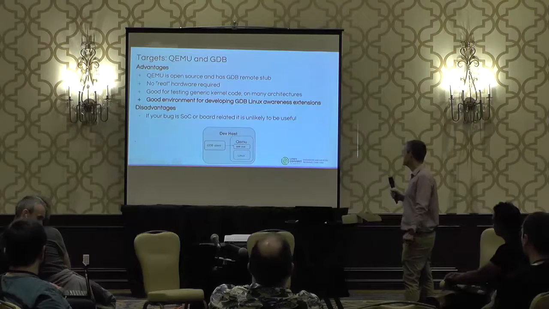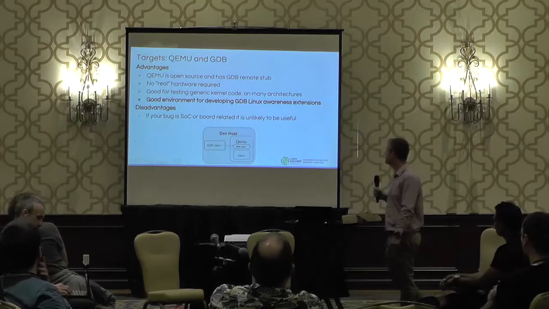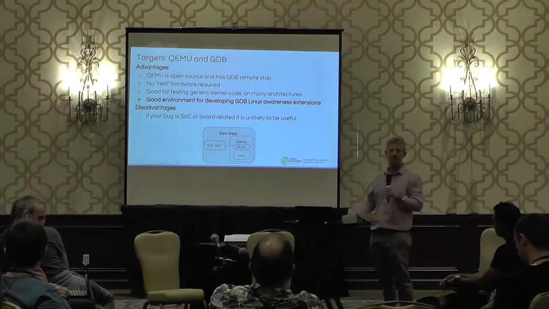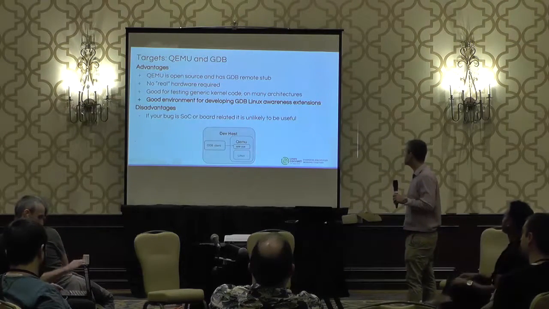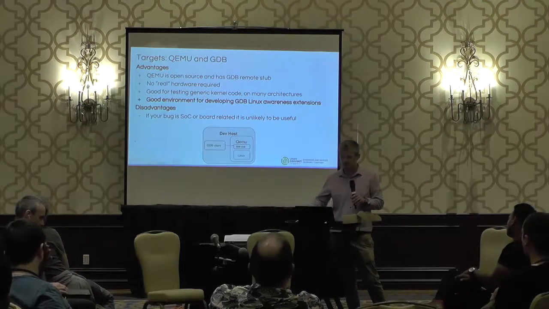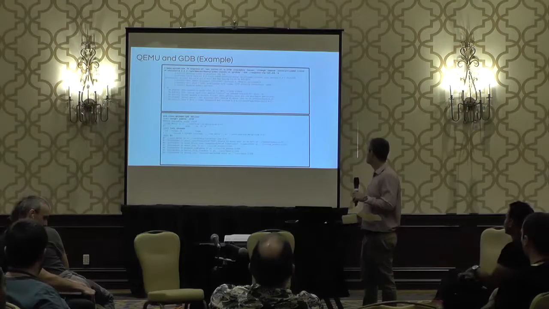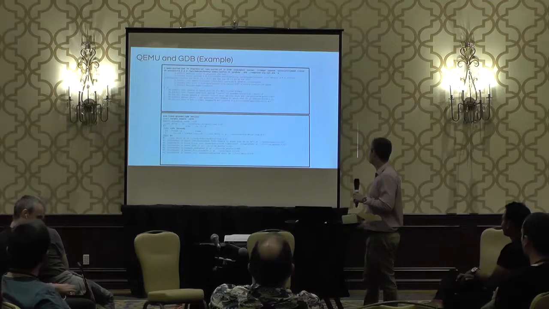But one of the main reasons for JTAG is that it's really useful for SoC and board bring up, and if your problem is in that area, QEMU is unlikely to be particularly useful for you. But it does have a GDB remote stub that you can connect to, which is quite cool. And that's a quick example. The top window is booting the kernel, the bottom window is GDB connecting to the stub in QEMU, and then you can do some debugging.